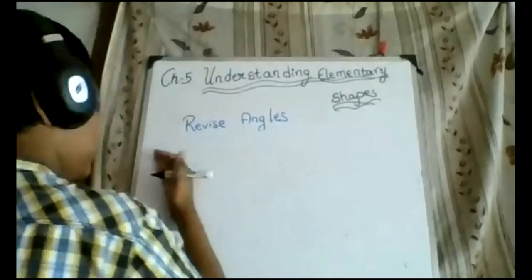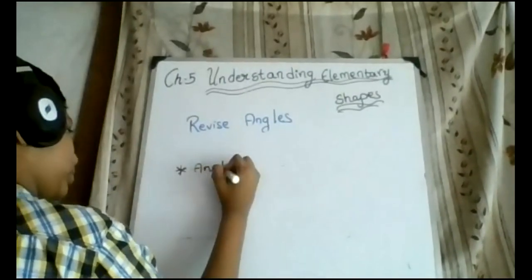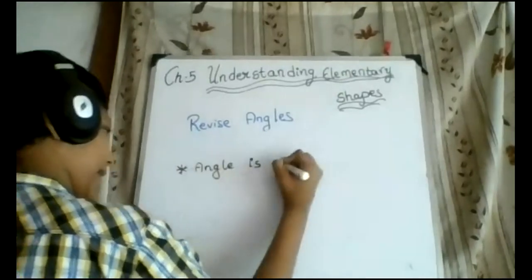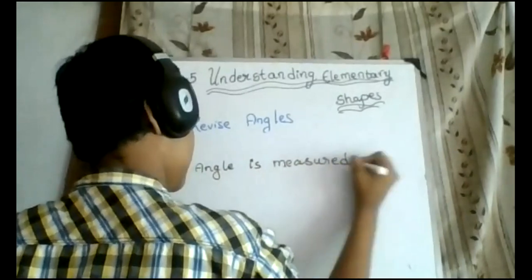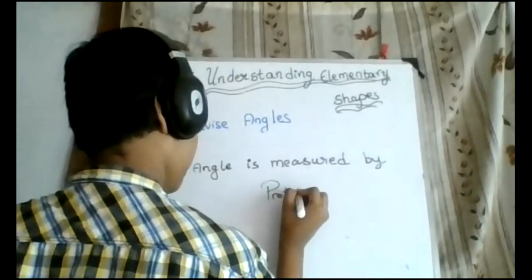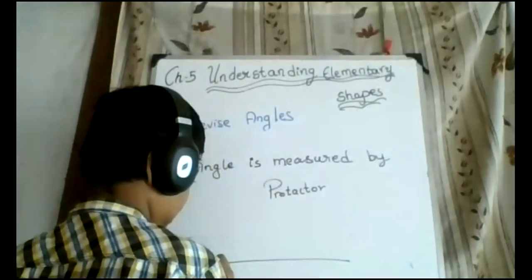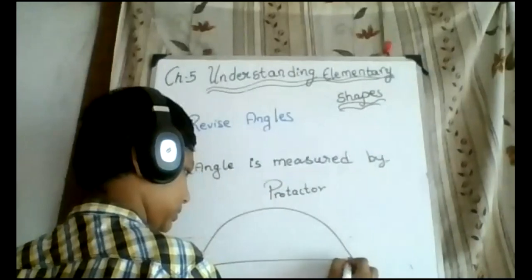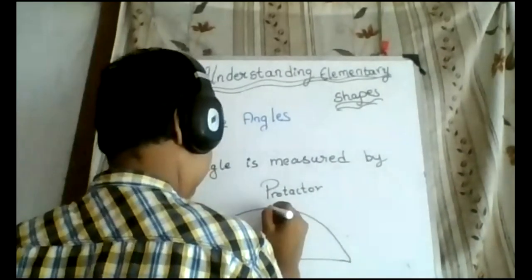Protractor. What is the next point? Angle is measured by protractor. It will be in the shape of a semicircle. And we will be having a center.